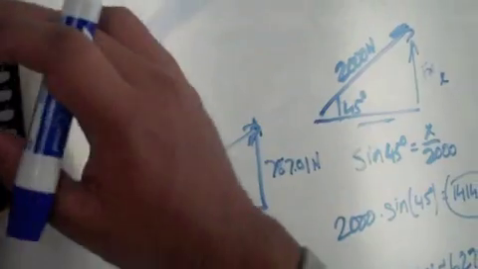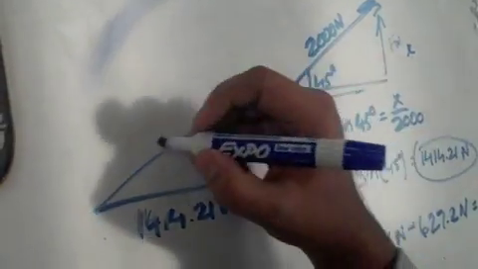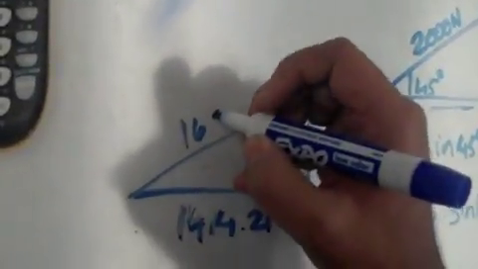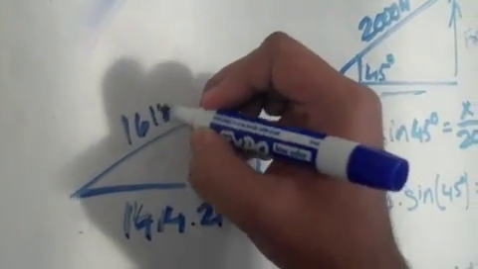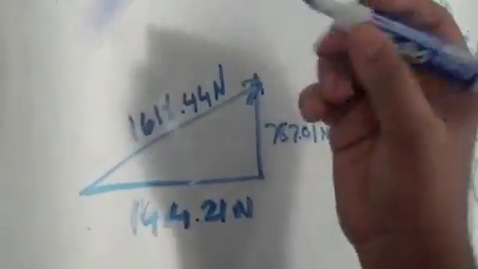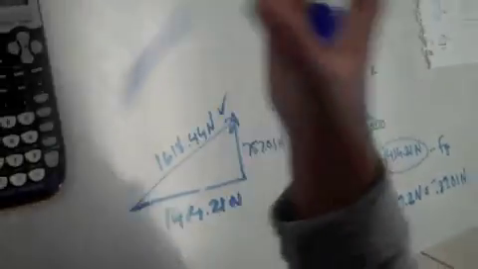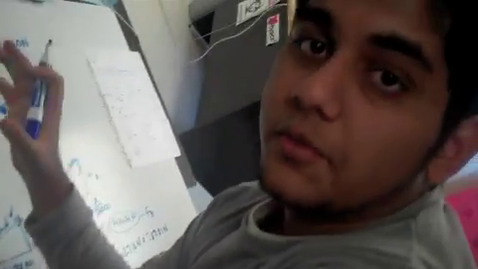And take the square root of this answer. And the net force is 1,618.44 newtons. So that's how much force went into that throw when the ball was launched from my hand.